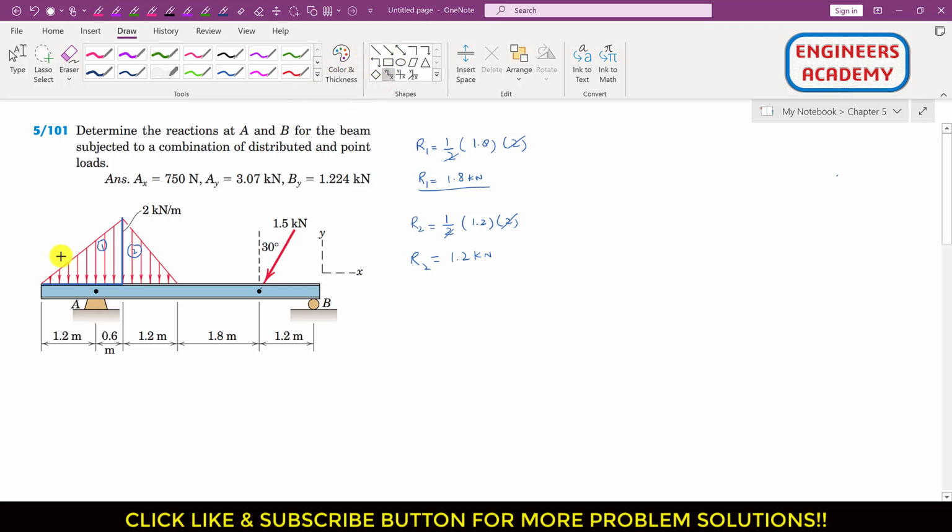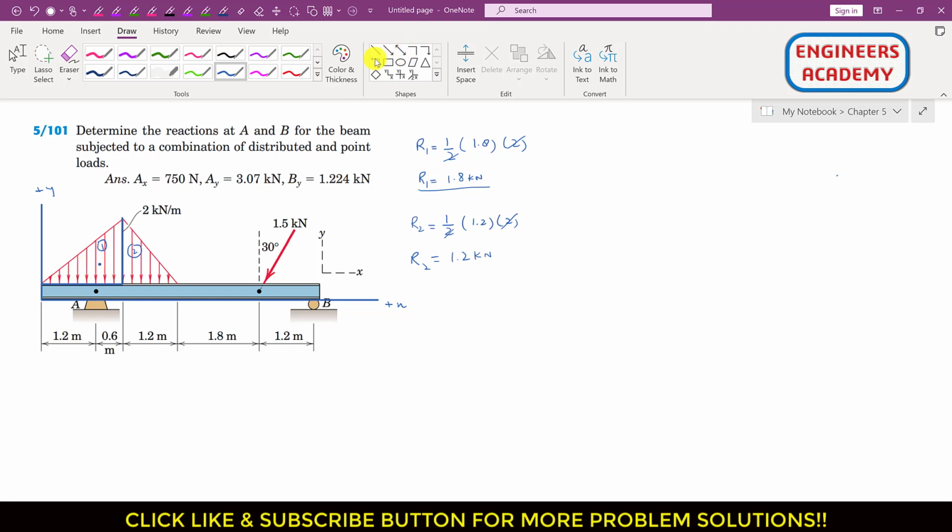Let me represent my origin, right? So let's say that if this is my positive x and y axis, this is my positive x and this is my positive y, and my origin is located here, right? So let's say that the centroid of this area 1 is located somewhere here, right?